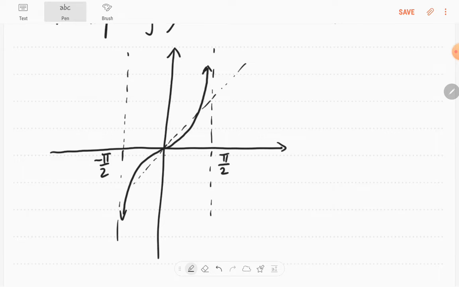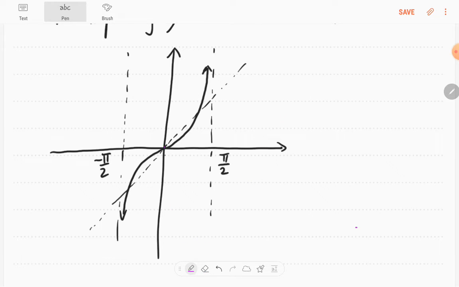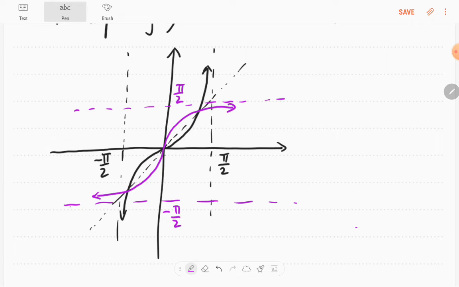The graph should be symmetric with respect to this line. So it becomes this one, and we have the horizontal asymptote. The vertical asymptote becomes the horizontal asymptote, pi over 2 and negative pi over 2. So this is the graph for the arctangent.